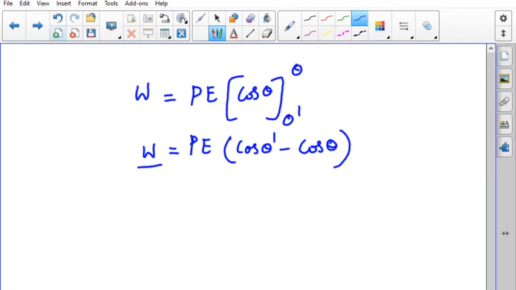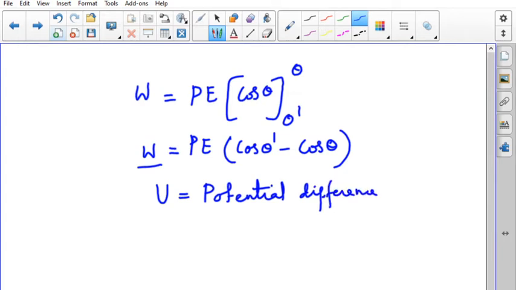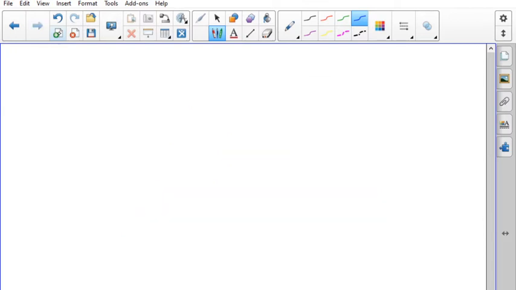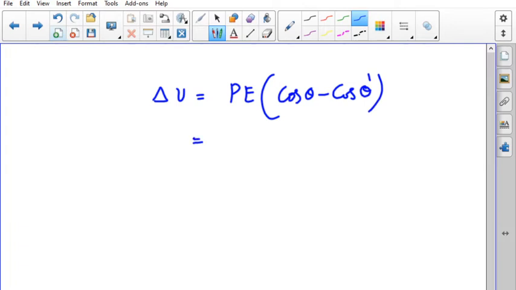This work done W is equal to the potential energy difference U, which is the potential at the angle theta minus the potential at angle theta dash, represented as del U. Shall we write the expression for del U as PE cos theta dash minus cos theta.